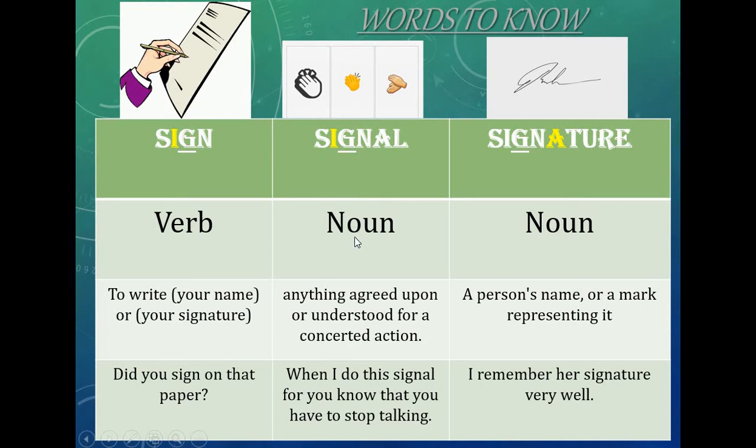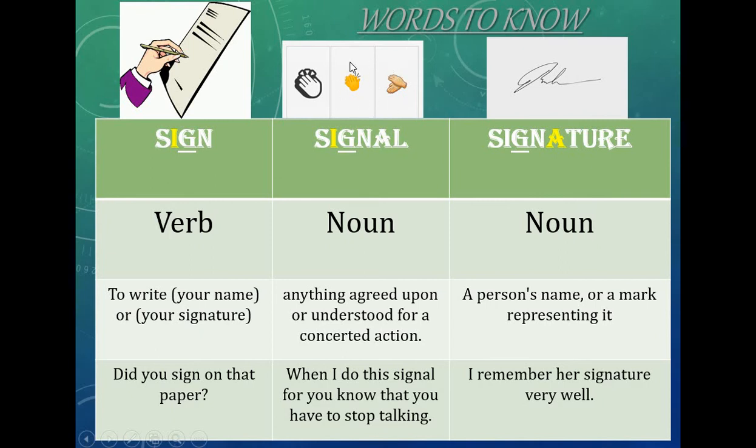Signal is also a noun. Signal is anything agreed upon or understood for an action. Like you're playing with your friend, and the game says that you have to stop talking at a specific time. You don't know when to stop talking, so your friend says, when I do the signal for you, it means you stop talking.